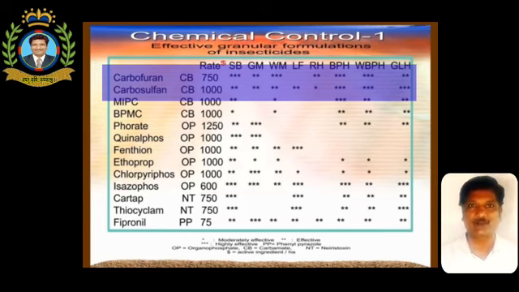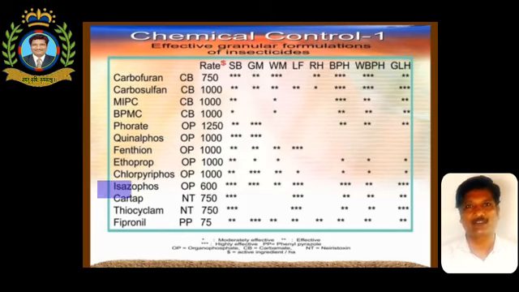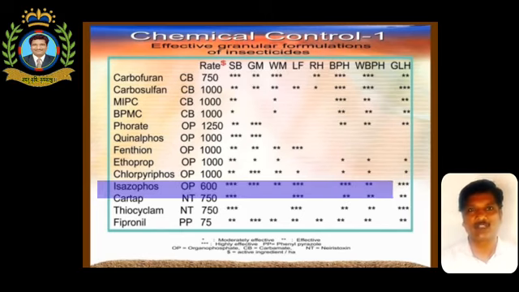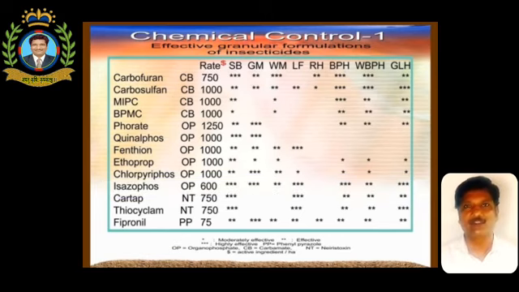Apart from that, one of the newer granules known as Isazophos 600 OP is also giving a very good result on the majority of insects. Also, a new compound known as fipronil is giving very satisfactory results on the majority of pests in granule formulations.